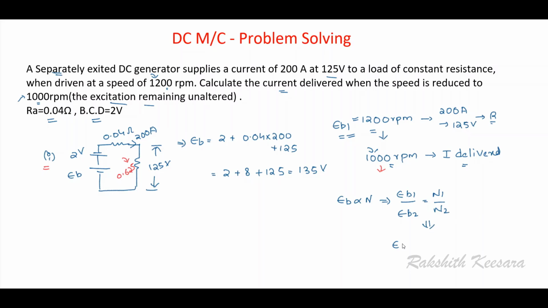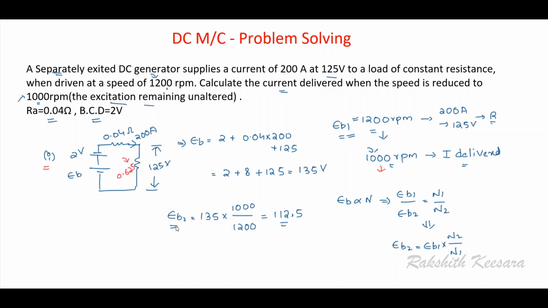From this, EB2 will be EB1 into N2 by N1. So EB2 will be 135 into what is N2? 1000 rpm. What is N1? 1200. This comes out to be 112.5.